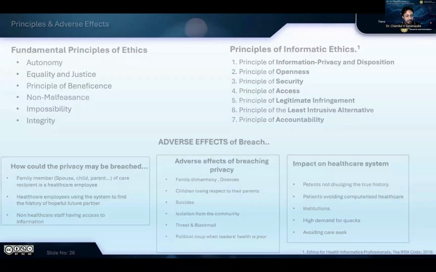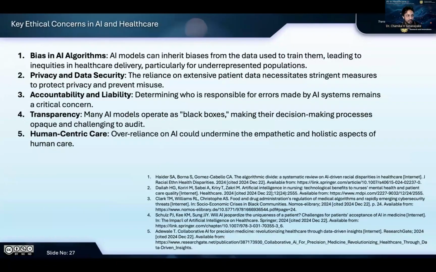So let's talk about the ethical considerations of AI in healthcare. AI can definitely lead to bias. AI models can inherit bias because, at the moment and in the current context, the training data and everything is provided by humans, leading to inequities in healthcare delivery, particularly for underrepresented populations.